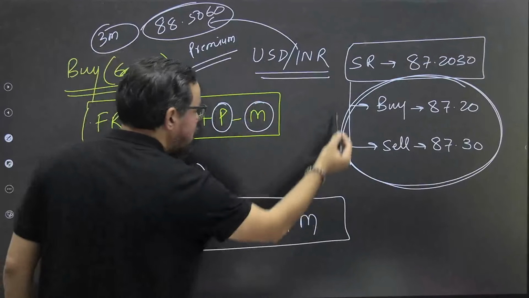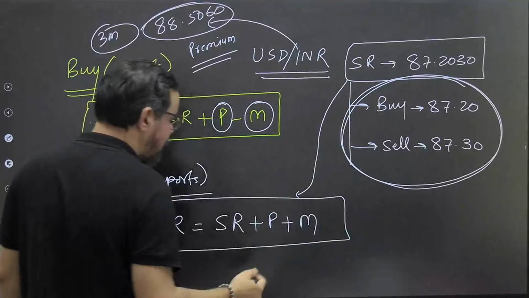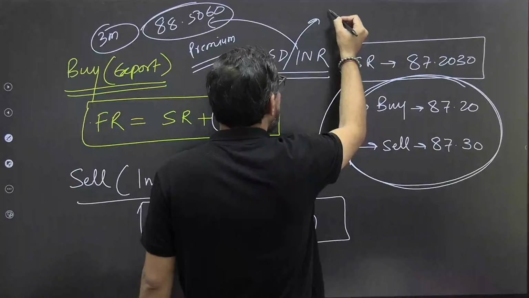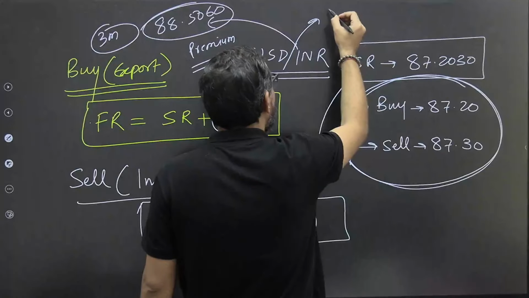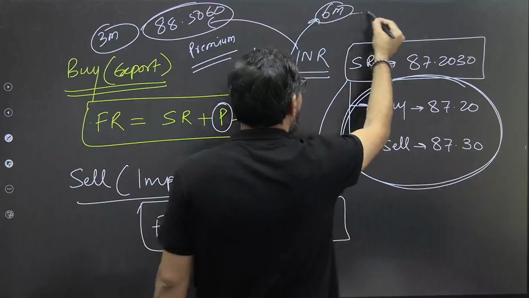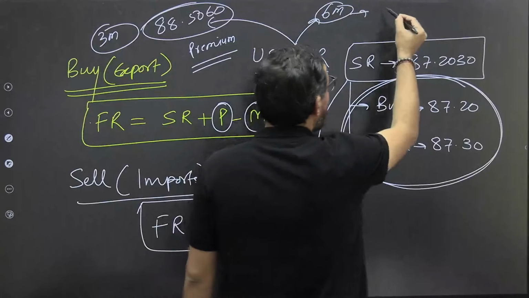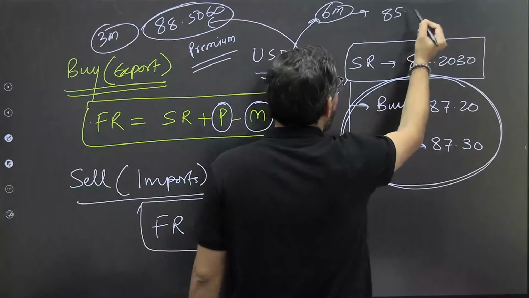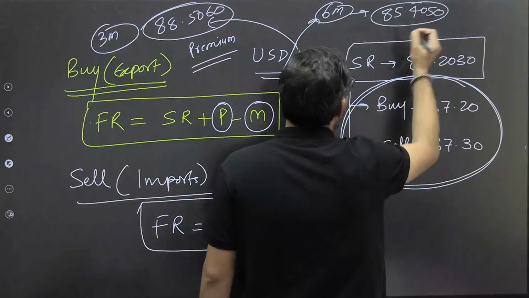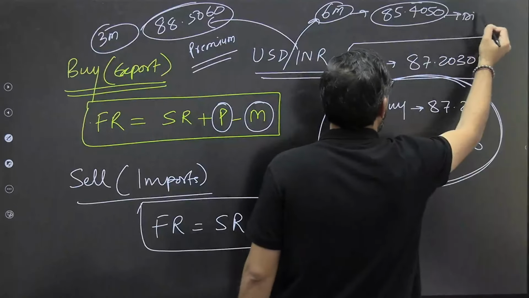And when it is quoted as the discount quote, let's say there is another 6 month contract of USD INR which is quoted as, suppose, 85.4050. Okay, this is a case of discount.